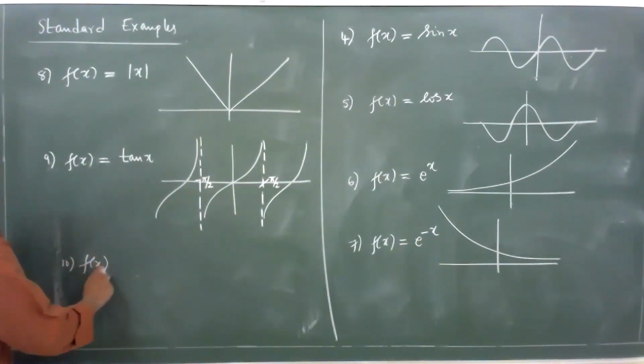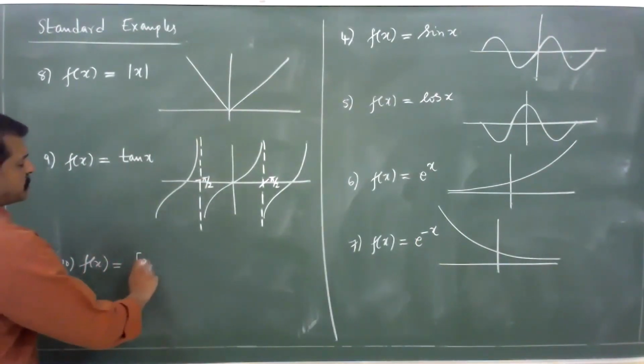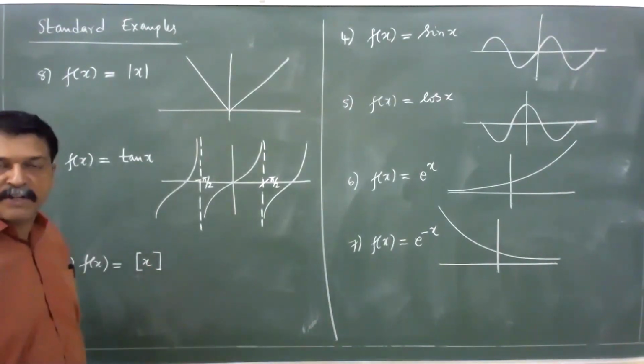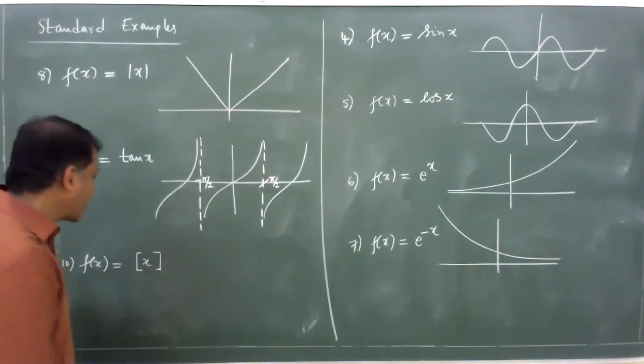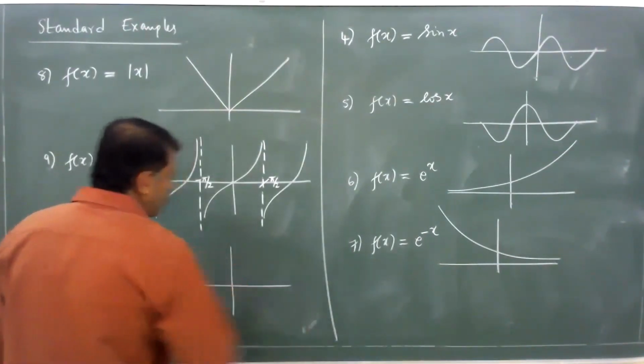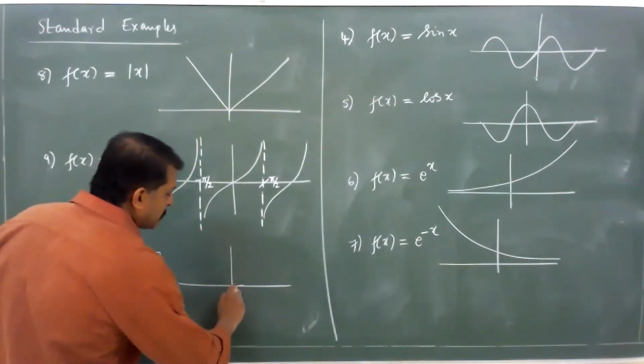F of x is equal to the greatest integer function. In first year PUC you have studied this greatest integer function, the bracket x function. How will the graph be? It looks like a step function. It is like a step.